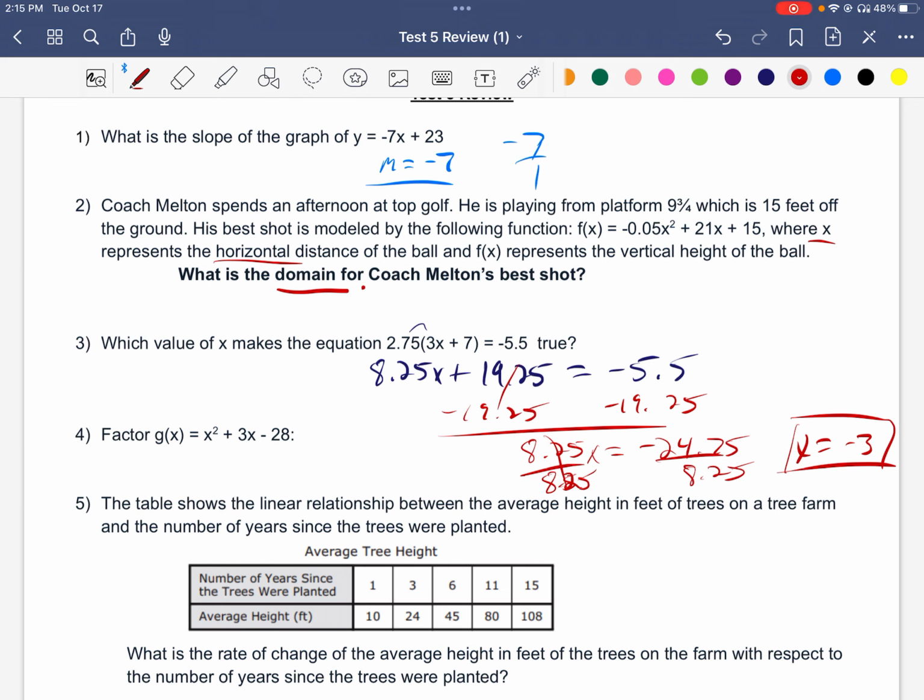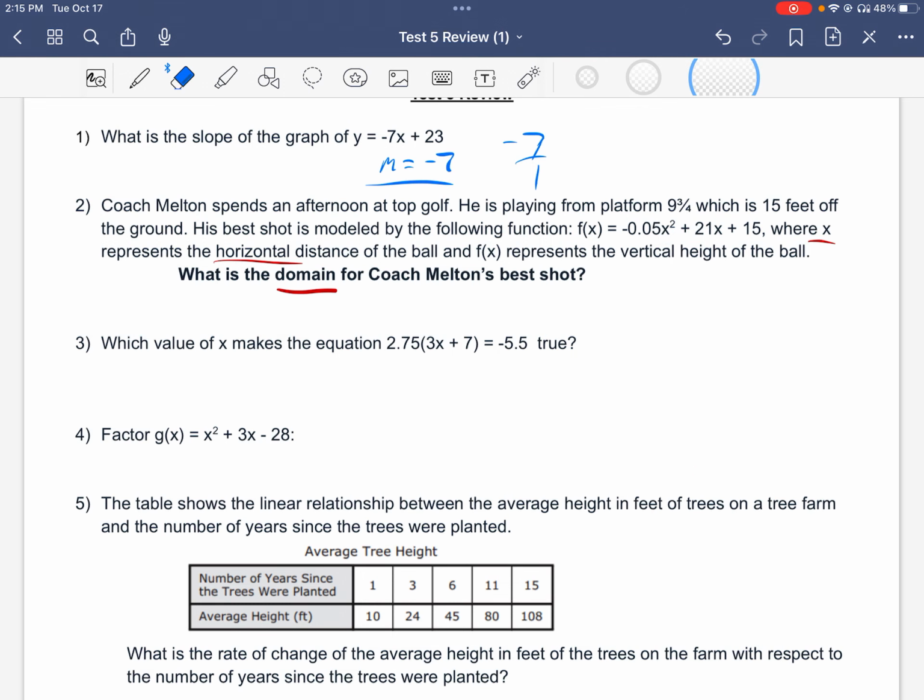Number 4, factor that. I'm going to erase the work from the question up above. The way I factor is I write the a, b, and c values. Step 1, I'm going to do a times c and get negative 28. I make a t-chart and I'll list all the factors of negative 28.